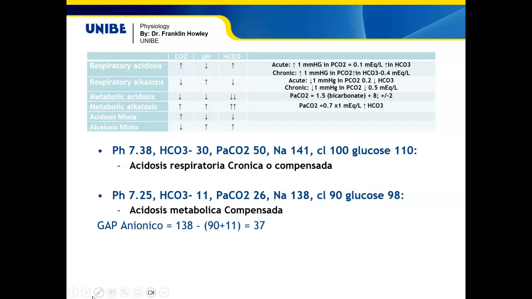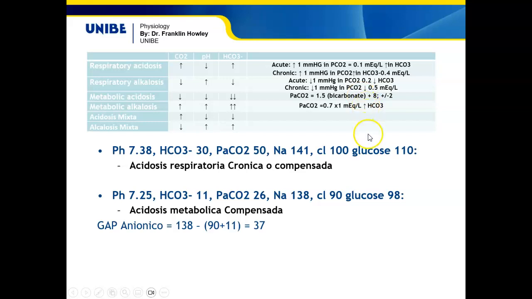I can do Winter's formula to determine if the partial pressure of CO2 is normal for this situation, which is multiplying, as you see here, 1.5 times bicarbonate, so 1.5 times 11 should be about 16. This plus 8, which 16 plus 8 is going to be 24.